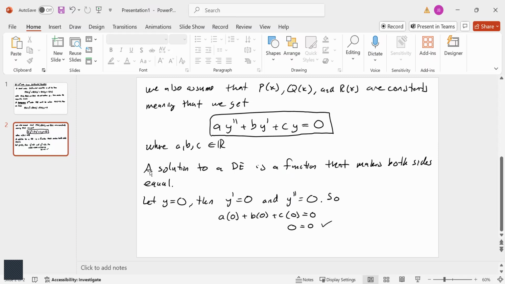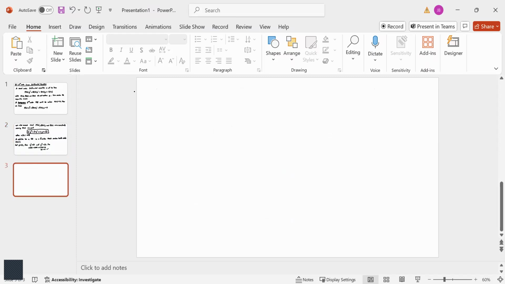So we can say that in words. So for all homogeneous second order linear differential equations, y equals zero is a solution.